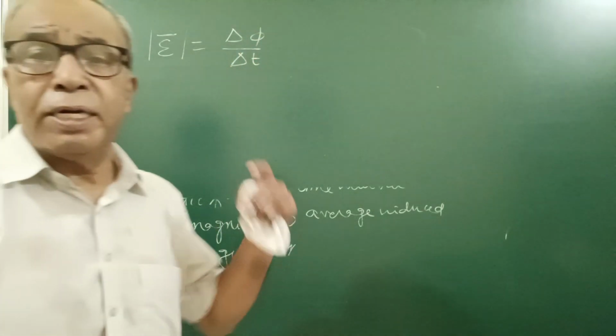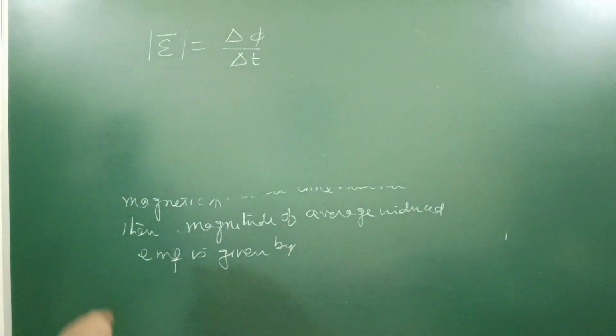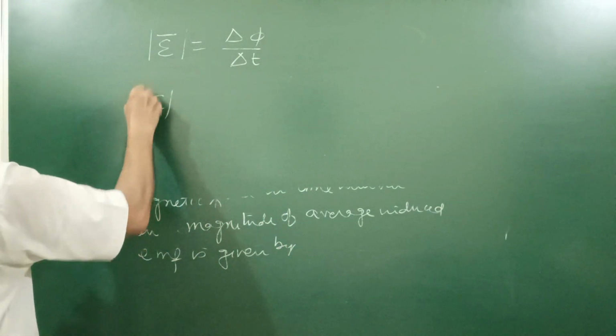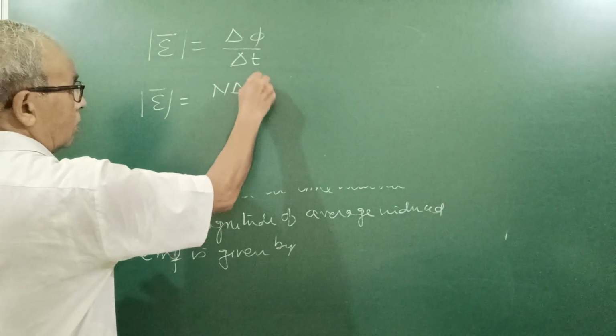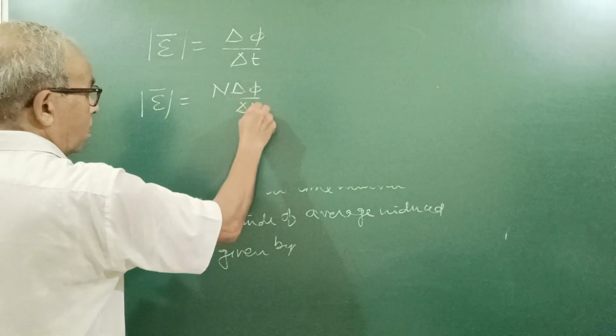If the circuit contains n turns of conducting wire, then modulus E will be n delta phi upon delta t.